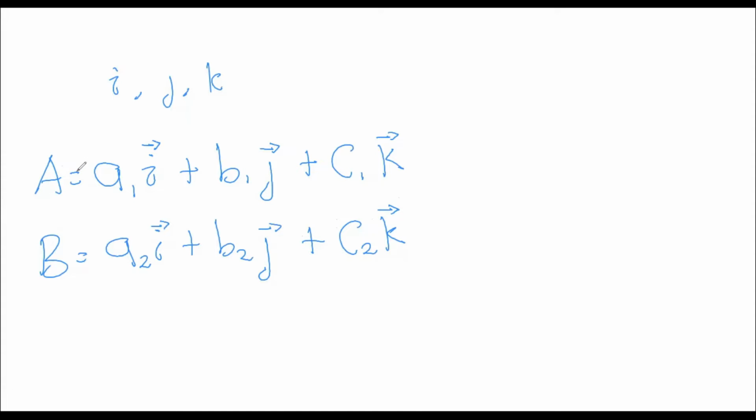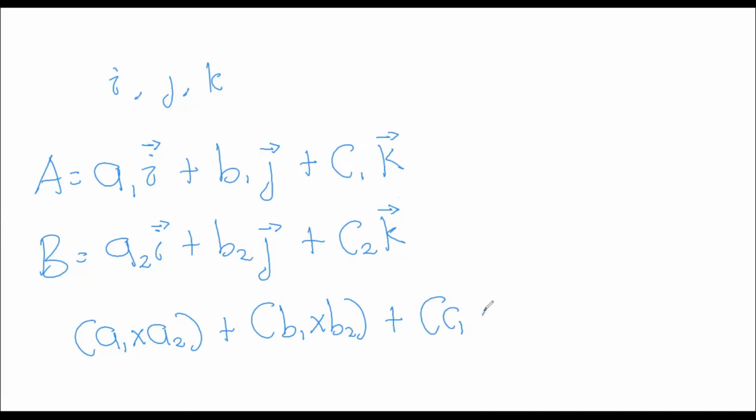So the formula will be, generally, A dot B is, like I said, we take the coefficients: a1 times a2 plus b1 times b2 plus c1 times c2. This is the general formula.